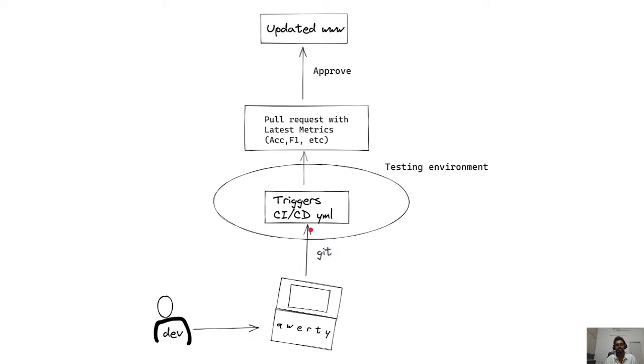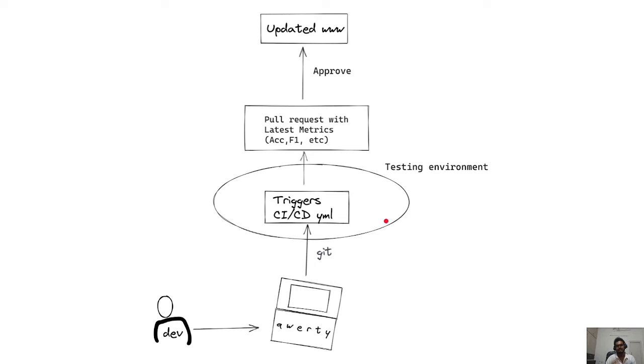Once you do that, whenever you push your code to GitHub or GitLab, it triggers a CI/CD file. When this happens, it triggers a set of actions that are defined in the CI/CD YAML file.